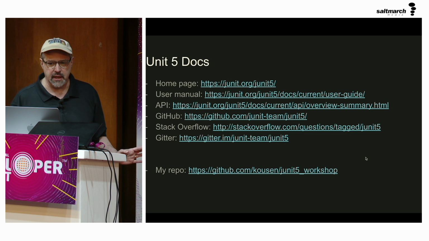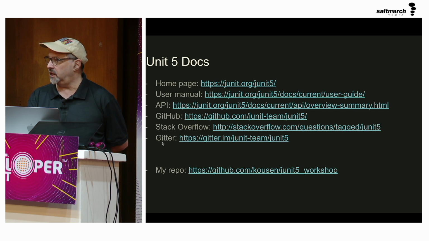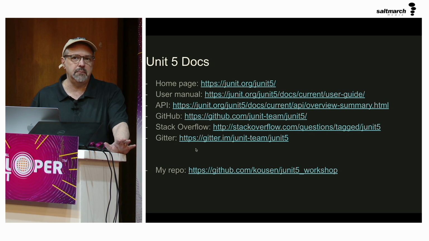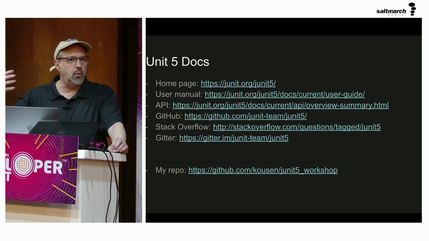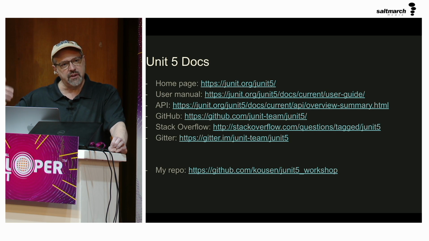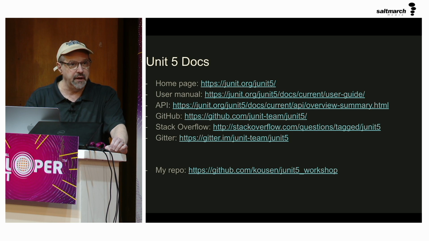Nothing unusual about that. But this one here that says Gitter, the JUnit 5 team maintains what they call a Gitter group. Gitter's like a Slack page. You know, it's not in Slack, it's in a web page. And they've got groups and topics and questions, and a lot of the JUnit organizers hang out there. So it's a good place to know about if you have questions.